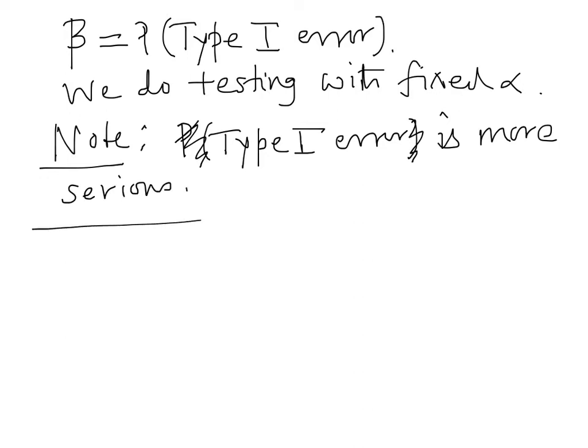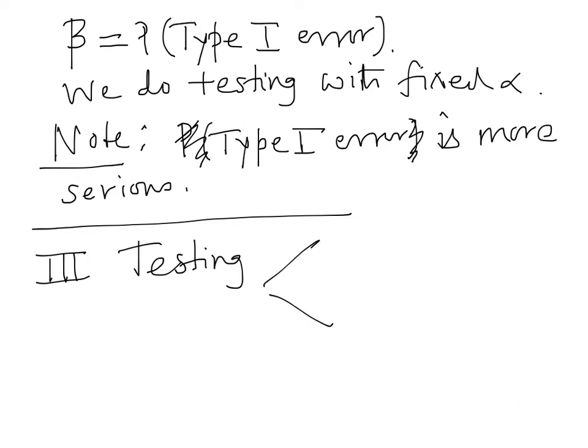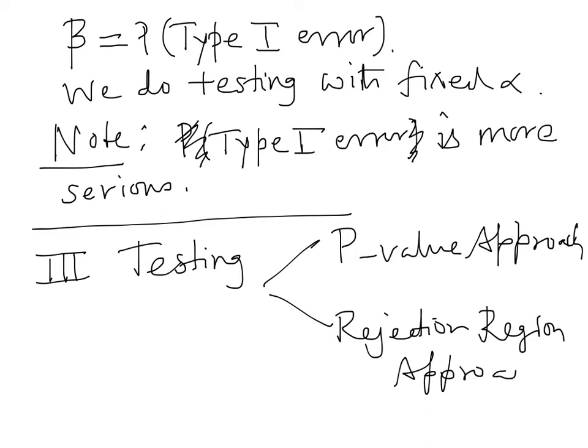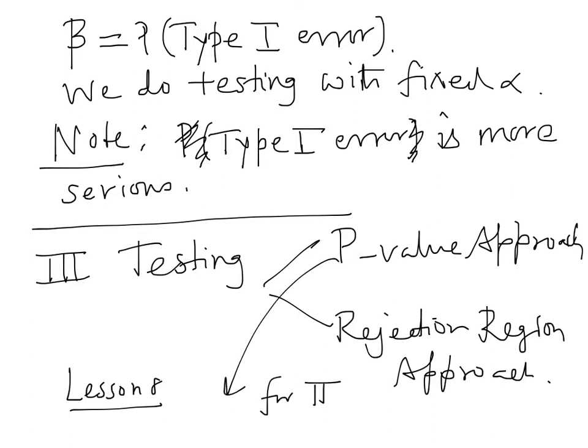Okay, now about the actual testing. p-value approach and rejection region approach. There are two approaches of testing. In lesson 8, we have p-value approach for the parameter pi.